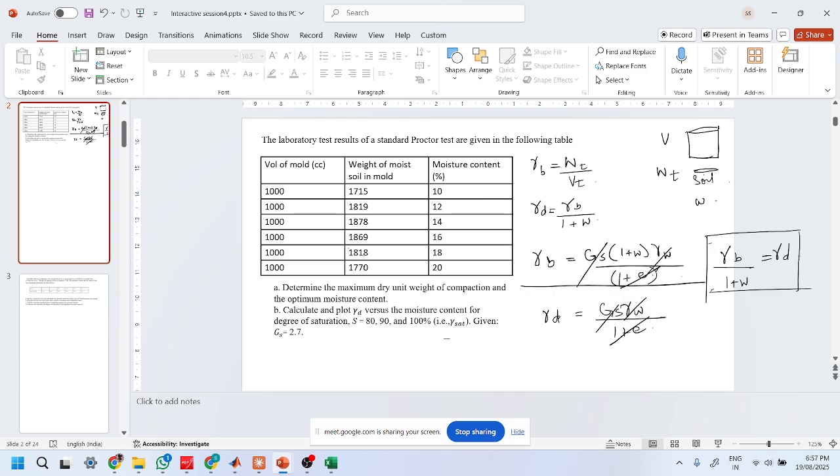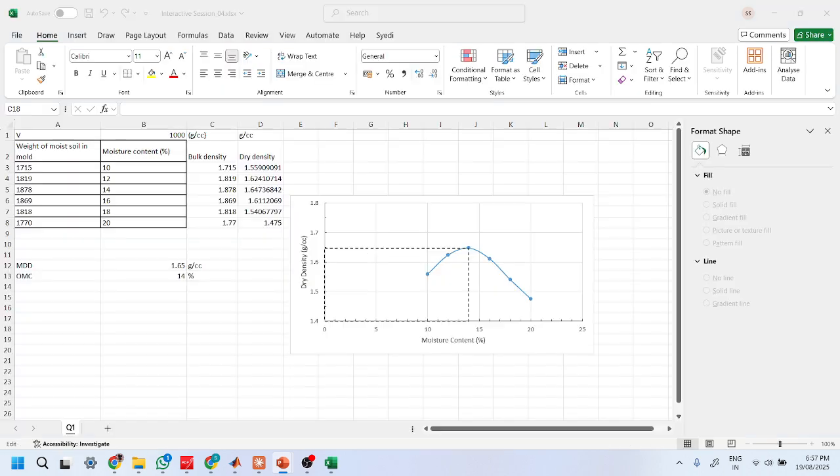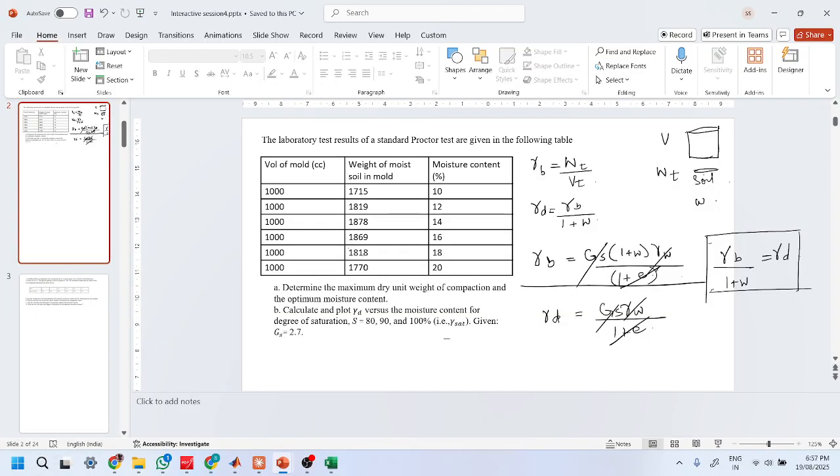Okay. So the next thing we were doing was calculating the experimental values. We know gamma d, now when you want to calculate the moisture content, we do a calculation for each.